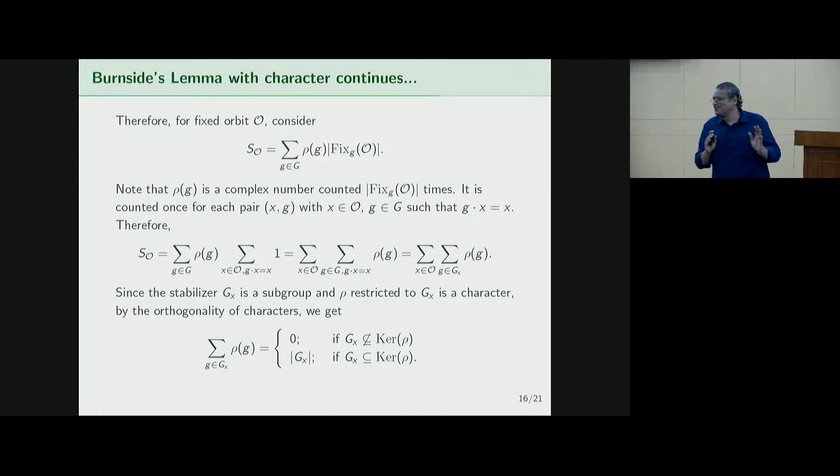This is normal: you take a character and sum it over all the elements of the group. Depending on whether the character is trivial or non-trivial, it is 0 or the cardinality of G.